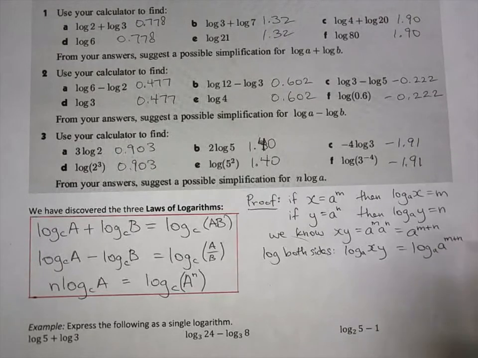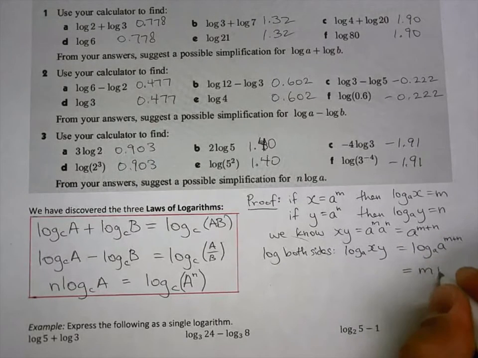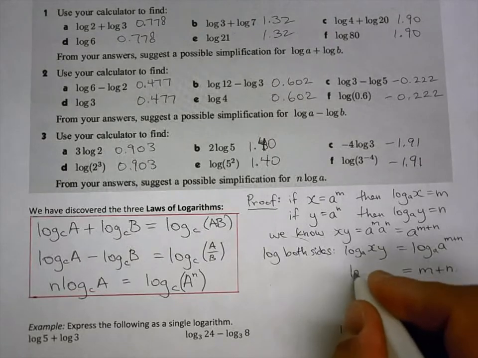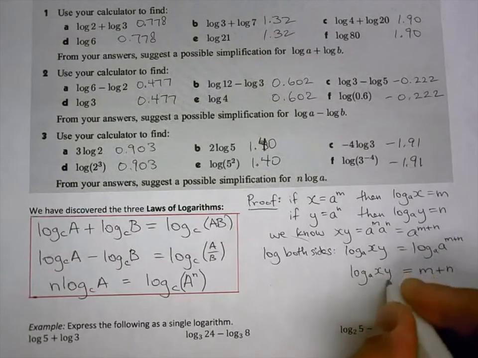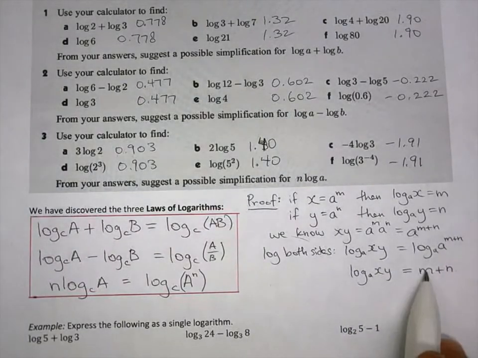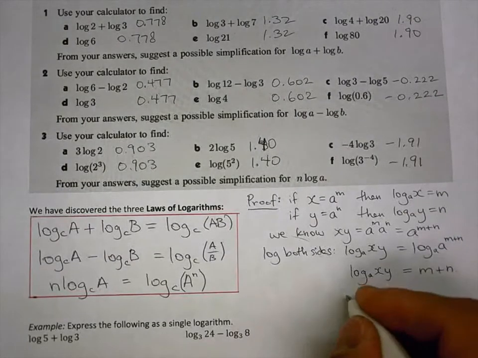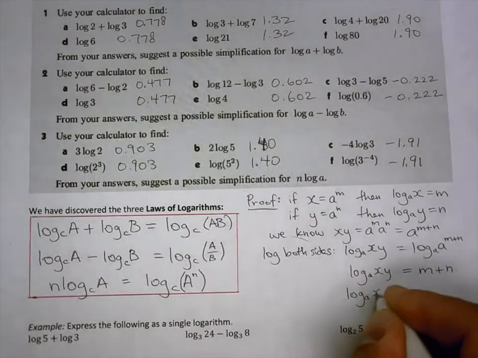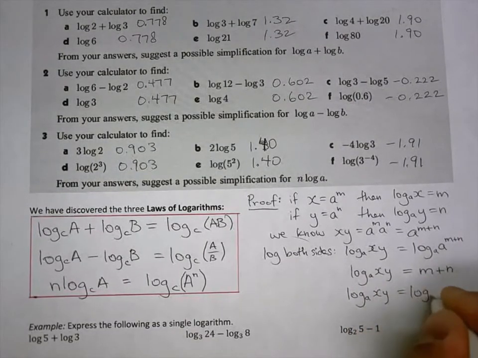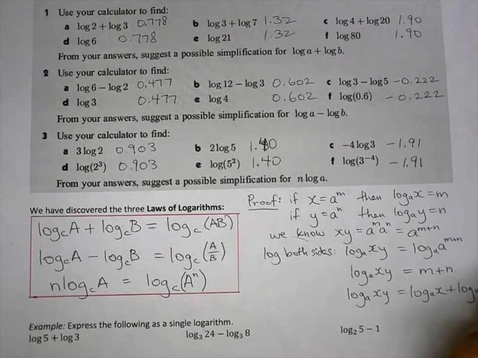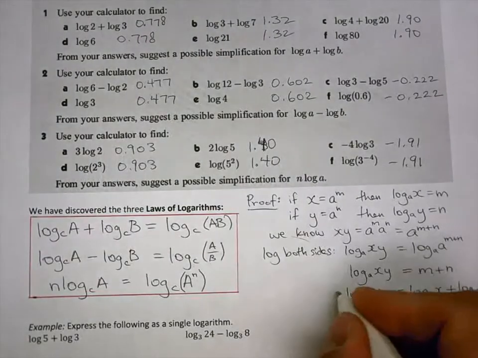These two things undo each other, so I'm left with m plus n is equal to log base a of xy. And I know what m is, it's log x, and n is log y. So I can rewrite this. There we go. So that's my proof.